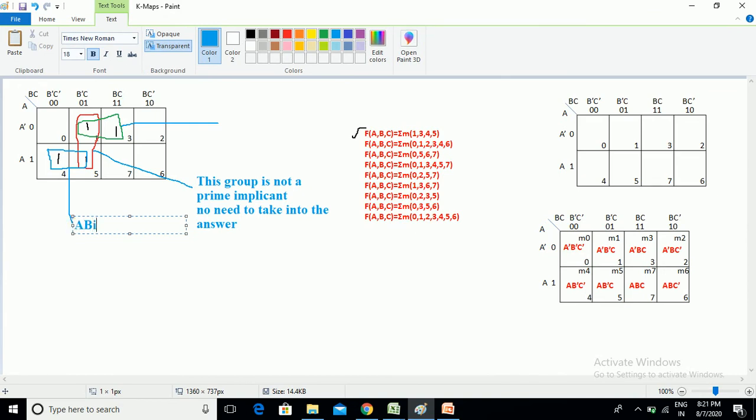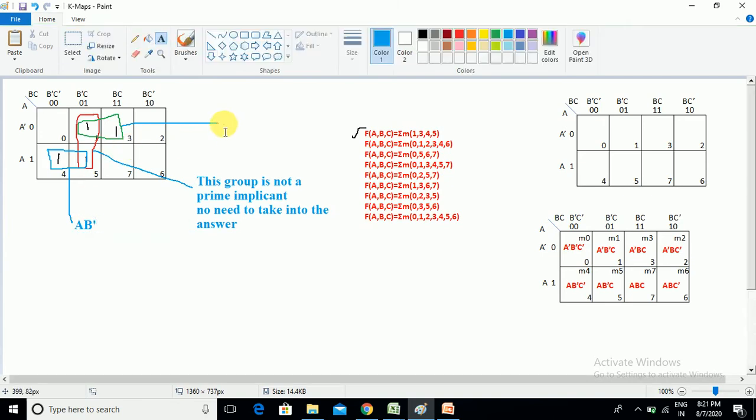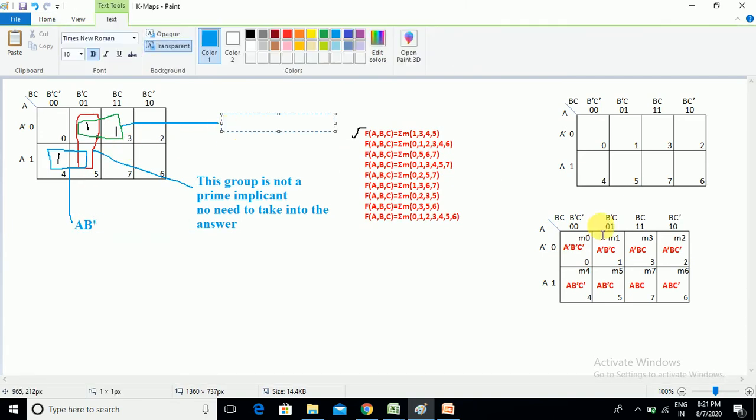Now for the green color group, which is common? 1 and 3. Here A dash is common and C is common, so A dash C is the answer. The final answer will be f of A, B, C for that question.